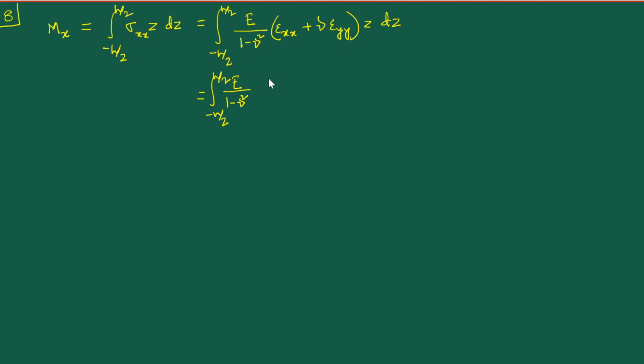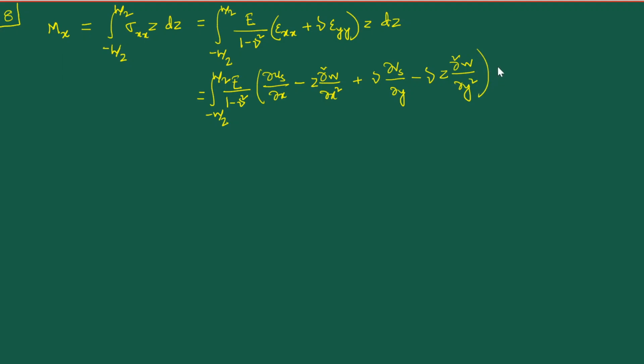So epsilon xx was del us del x minus z del square w del x square, and this epsilon yy was del vs del y minus z del square w del y square, and I should not forget this Poisson's ratio because this nu is multiplied over this entire epsilon yy.